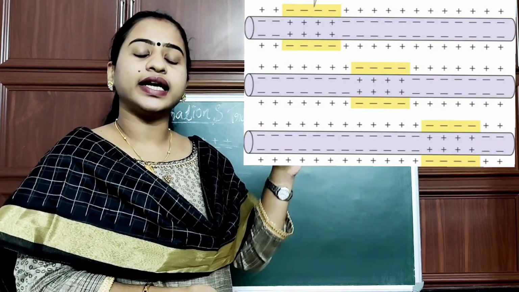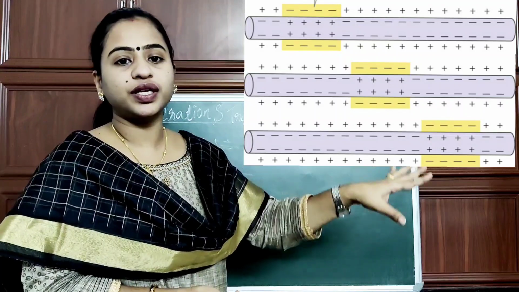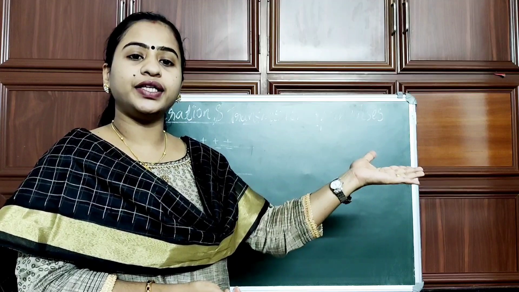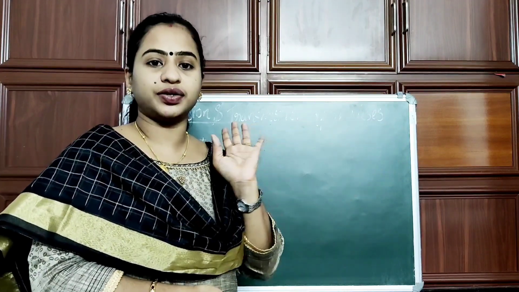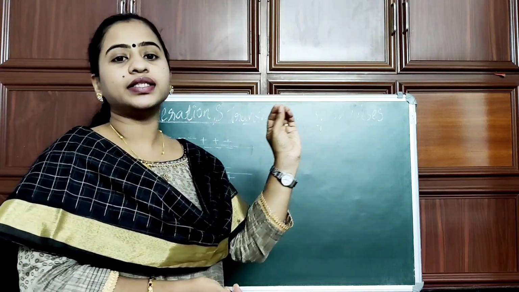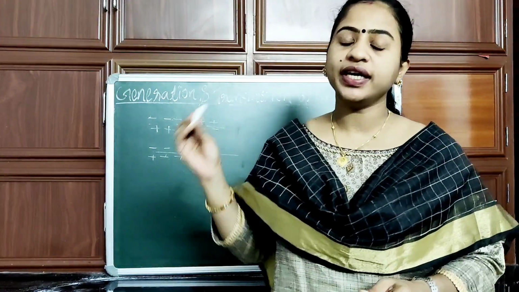The next portion is also stimulated, and the process continues. This charge difference continues and the impulses are transmitted as electric charges. Here we discussed how the impulses are generated and transmitted within a single neuron.